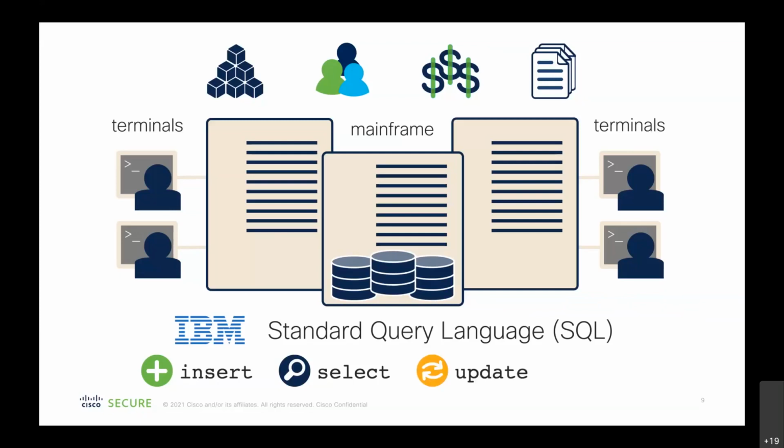You may want to do an update, so you need to make a change, someone's address or account balance, whatever it is. And then you need to be able to delete something. These are the fundamental things that the standard query language standardized. This was back in the early 1970s, so this has been going on for a good 50 years now.